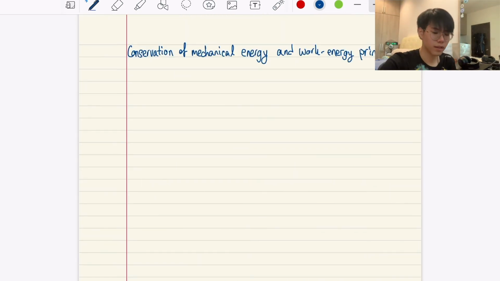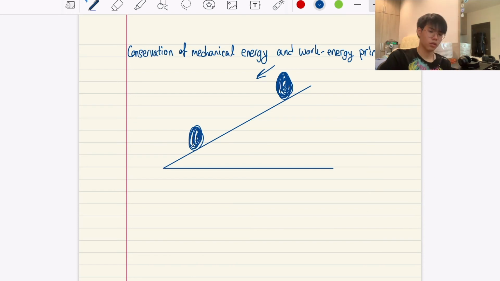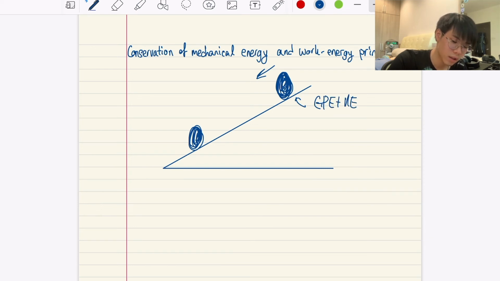The next thing that I'm going to talk about is the conservation of mechanical energy and the work-energy principle. Conservation of energy states that no matter where the object is, the total energy will always be the same. For example, if I have a slope here and there's a ball rolling down the slope, we take the total energy, which is GPE plus KE, to be 1000 joules.